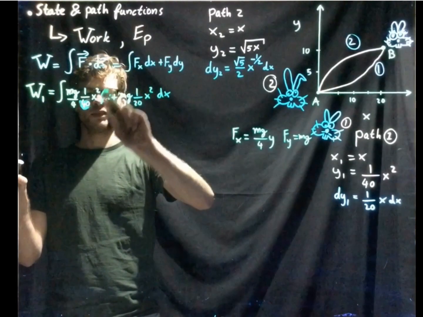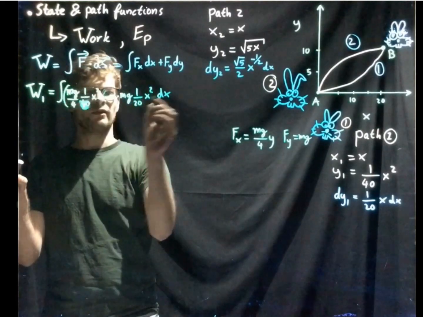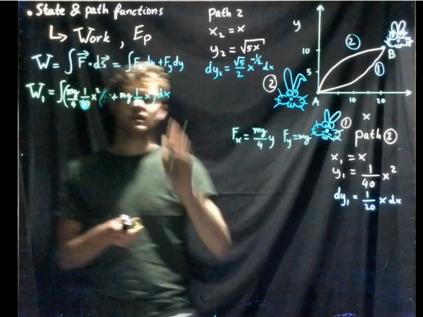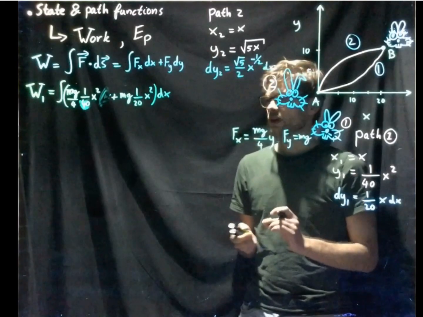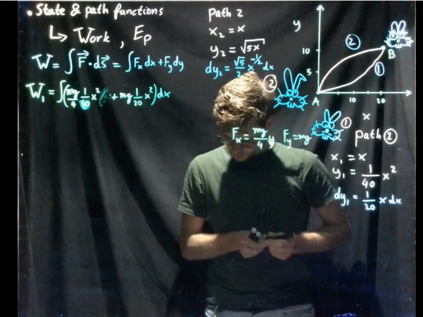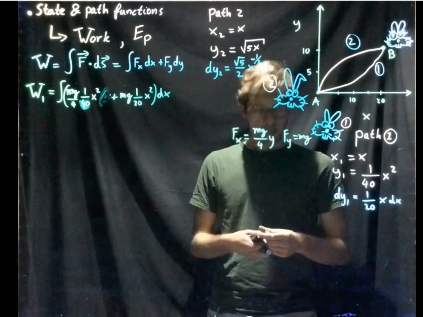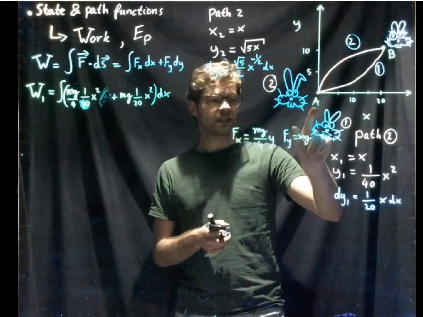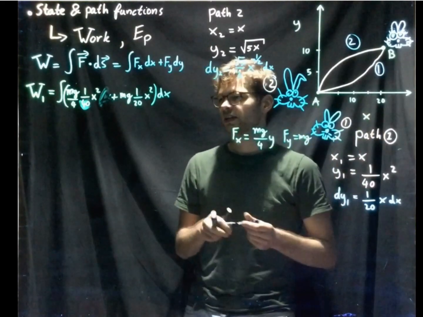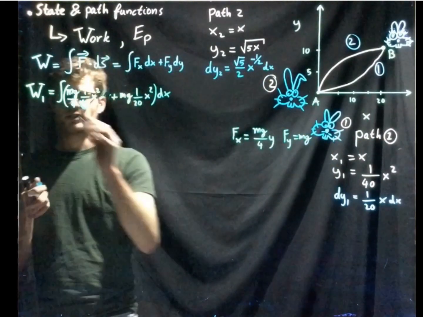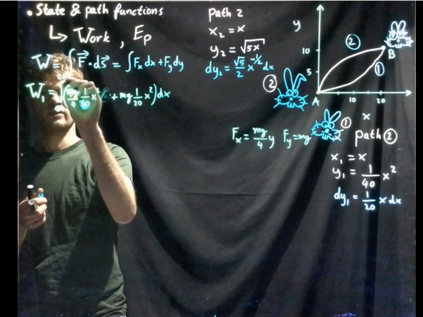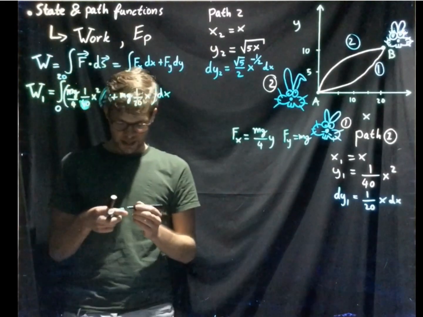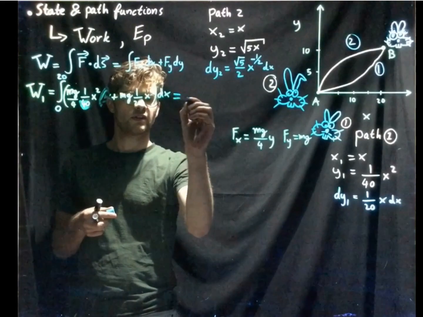So I can get rid of this and write everything between brackets. I eliminated all terms having a y. Since the x coordinate is from 0 to 20, I have to do my integration from 0 to 20.